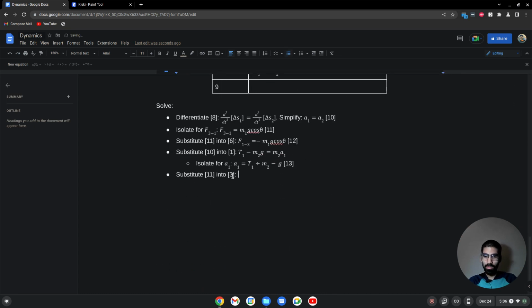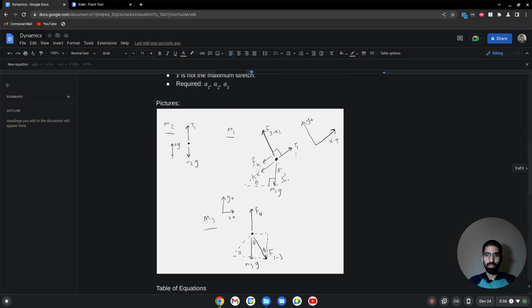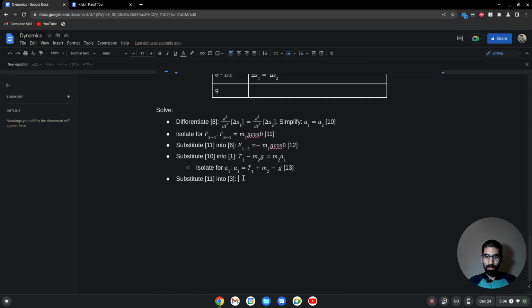which gives me, let me copy that over so you can see the substitution I'm making. So we know what mu k is. It was one of the given pieces of information for us. So we just have to take f3 onto 1 and substitute in this expression right here for that.